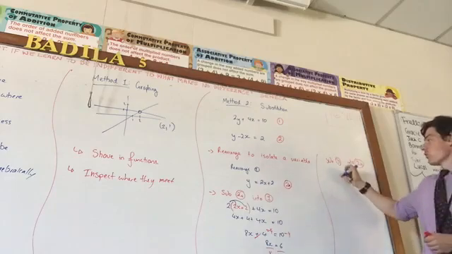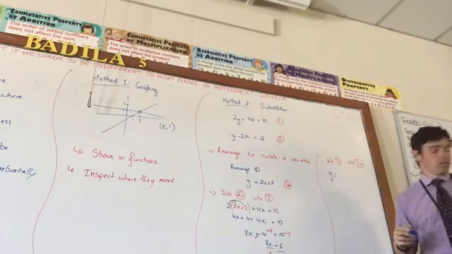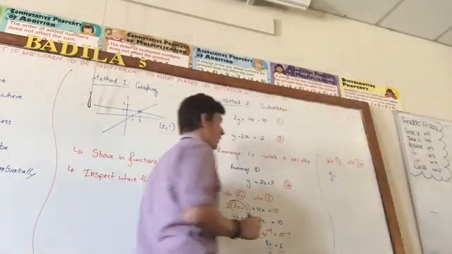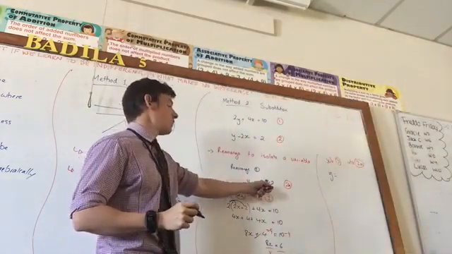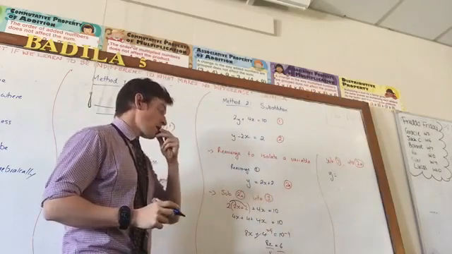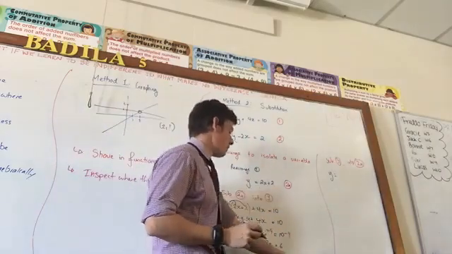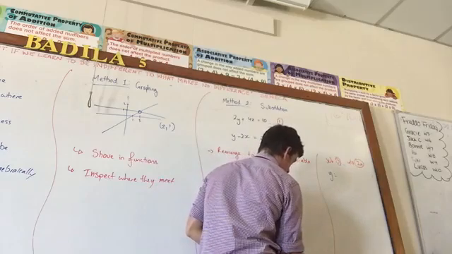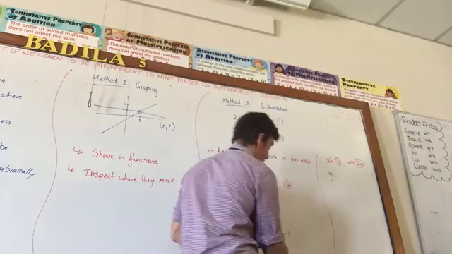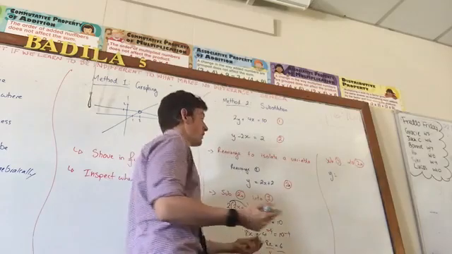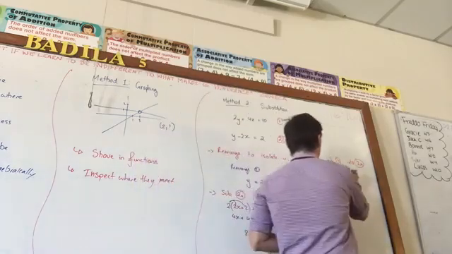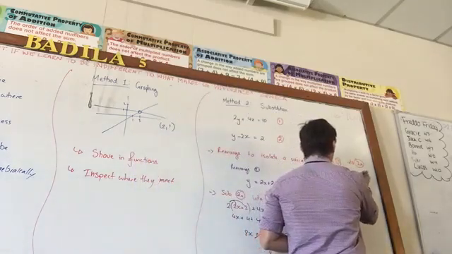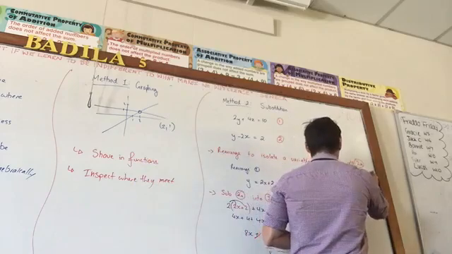So y equals, what do I write now? Aiden, help me out. Y equals, what am I replacing x with? Yeah, I'm replacing x with 3 on 4 or 0.75, whichever one I like. 2 times, I'm going to use 0.75 because you guys are fraction fearers, plus 2.